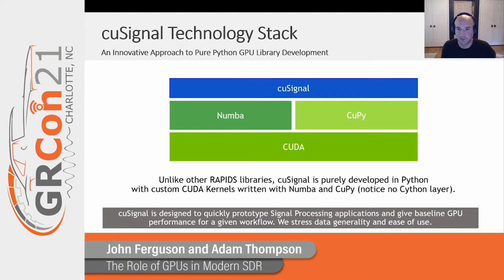And if there isn't support with a library like CuPy, we can create our own custom CUDA kernels via Numba. So fundamentally, we have for free Python bindings down to custom GPU kernels that we've built in this purely Pythonic environment. This is what cuSignal is. It's all about quickly building signal processing code in Python.